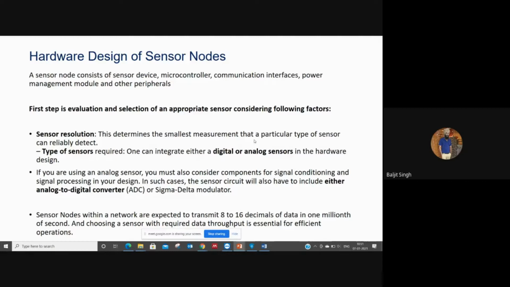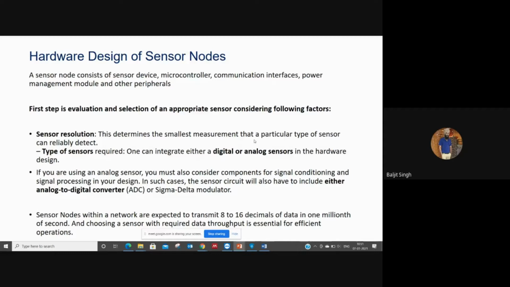Then the type of sensor required. Either digital or analog sensors can be used in the hardware design. If it is a digital sensor, then you have to take its input directly according to the communication protocol that the particular sensor follows, and you need to store that data accordingly.